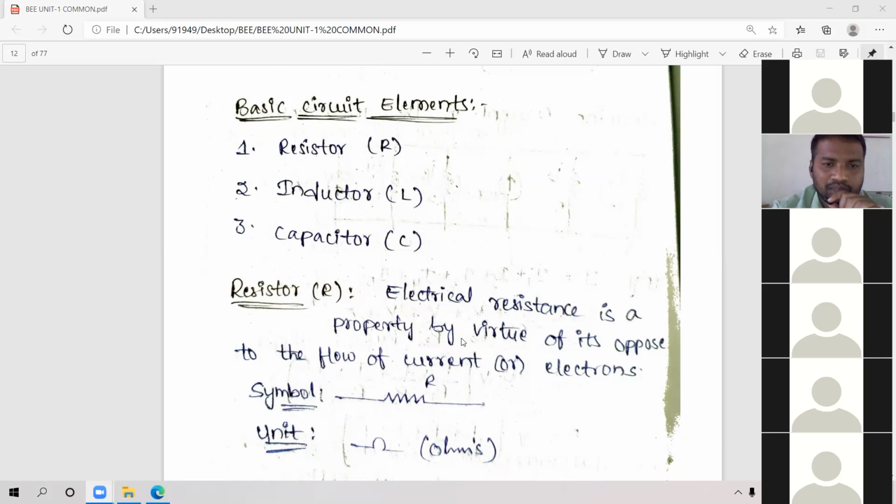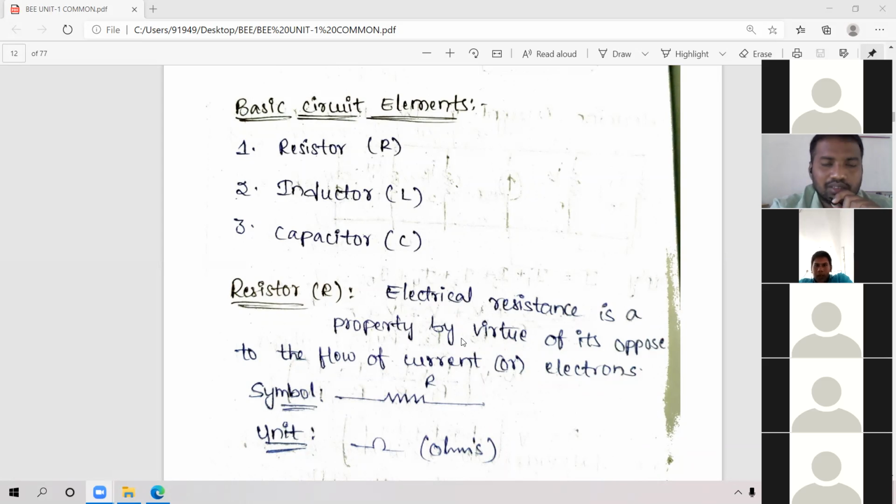In capacitor, the first letter is C. But in inductor, I am indicating with capital L, not I. Because I is used for what? Current. For current we are using I. That's why I am not using I for inductor. I am indicating L for inductor.